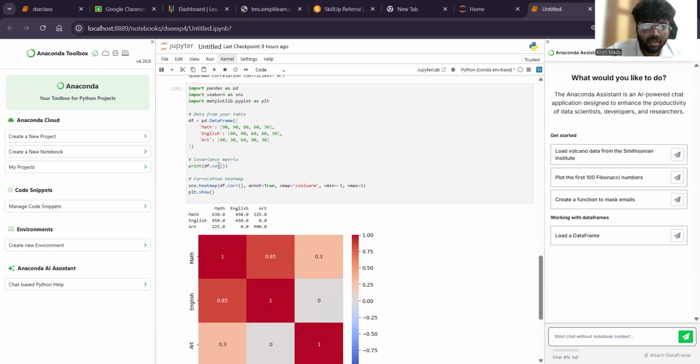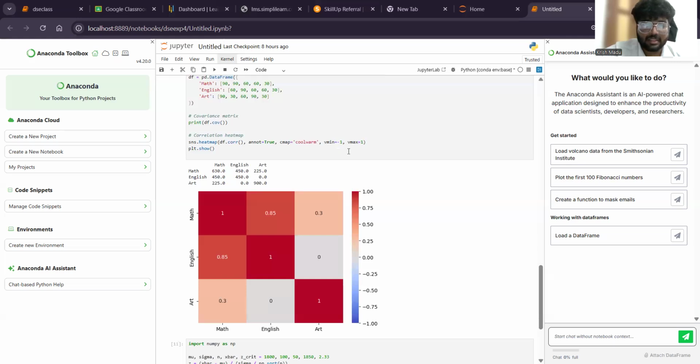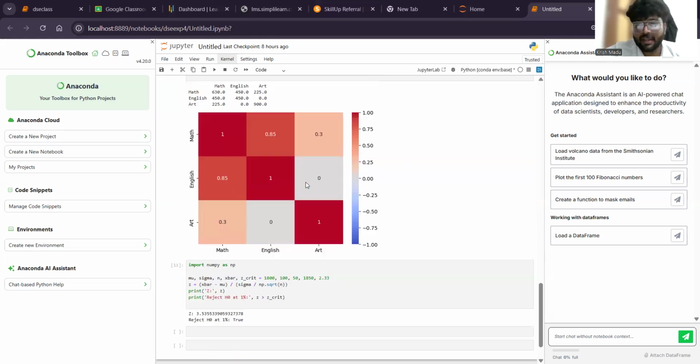After that, we give the heat map, which will show the values from point to point. These are all the things I have used. df.corr gives the different colors, and cmap gives a cool-warm color scheme, ranging from 1 to -1. This shows the table, and this is the final solution.